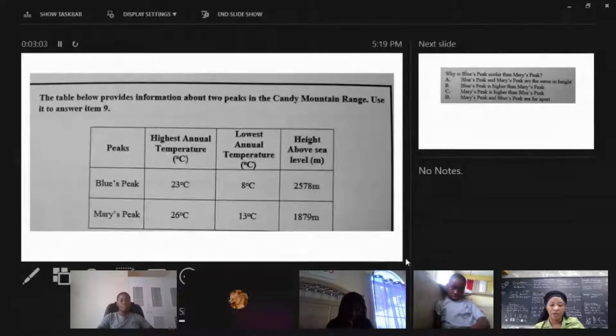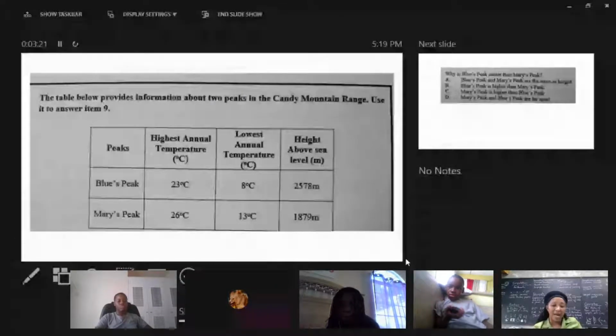All right. What do you say, Michaela, or anybody else? Madison? Miss, I say B. Blues Peak is higher than Mary's Peak. And what would the height above sea level have to do with coolness?